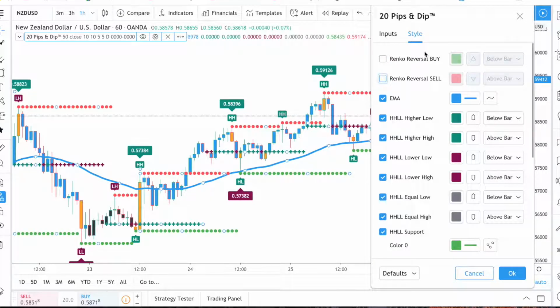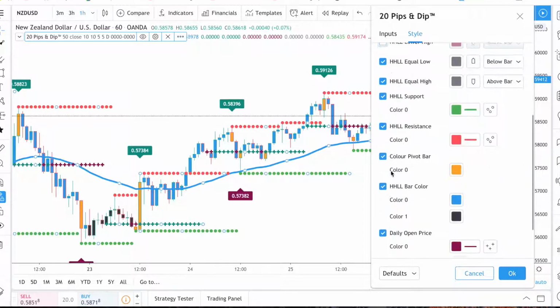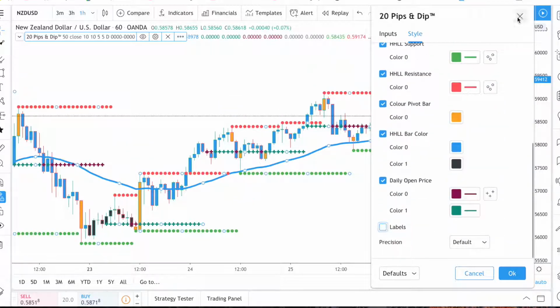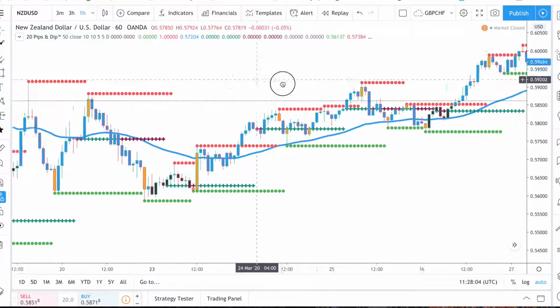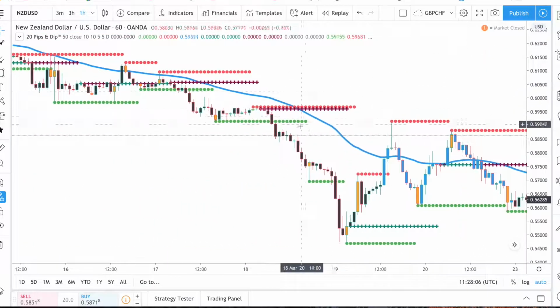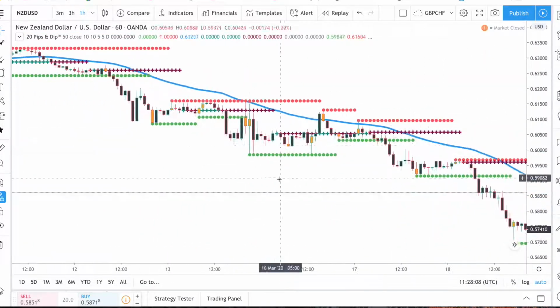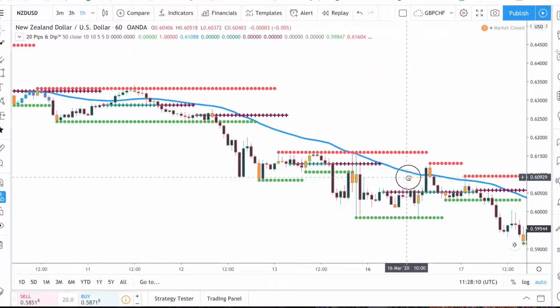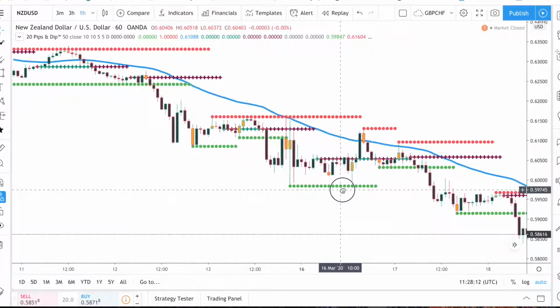Or I already know how to identify a higher high or a higher low in the market, so I might not need those things, right? Or obviously the labels of when they're there. So now that we have our pip and dip indicator, it's a little bit cleaner when you have just the key elements or key components that you want, right?